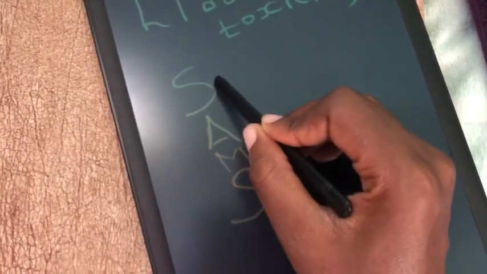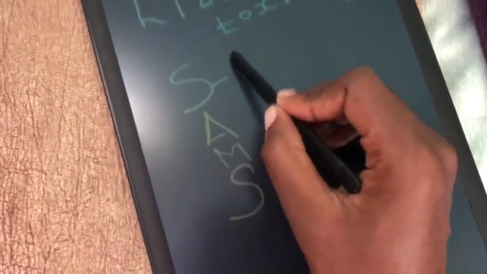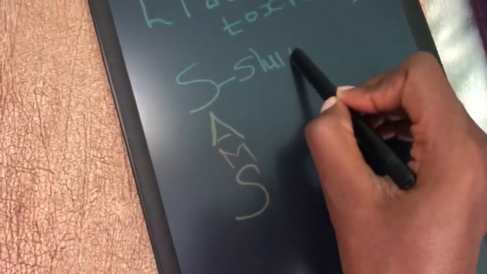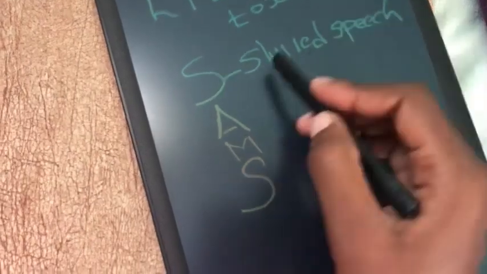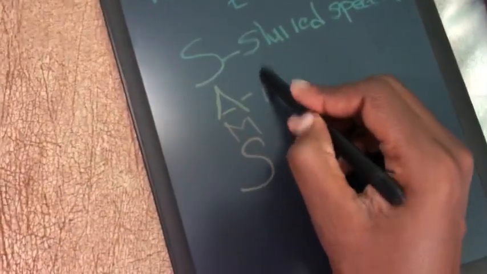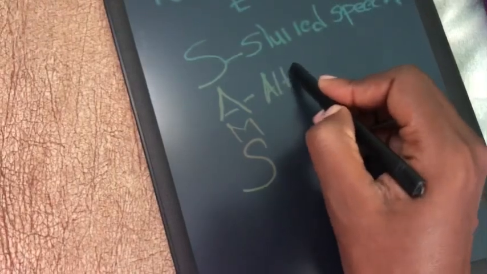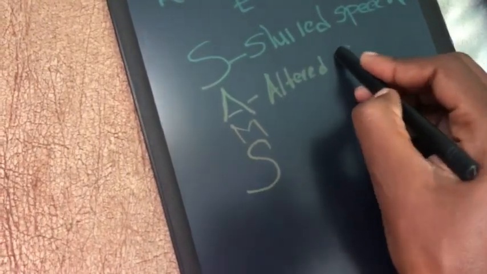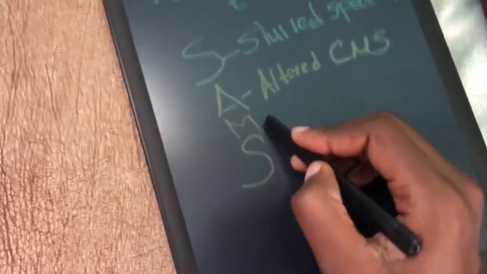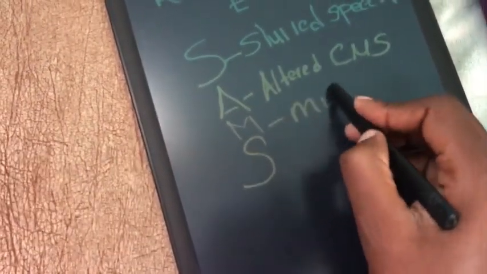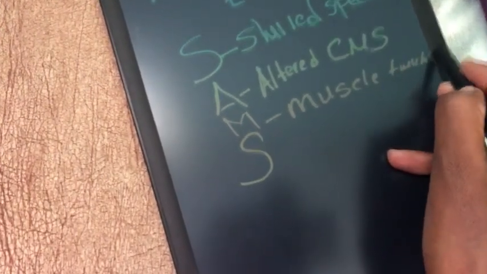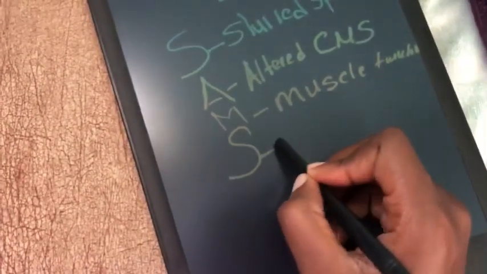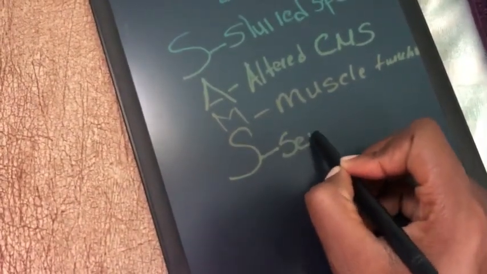So SAMS: S will stand for slurred speech, A will stand for altered central nervous system, M will stand for muscle twitching, and S will stand for seizure.